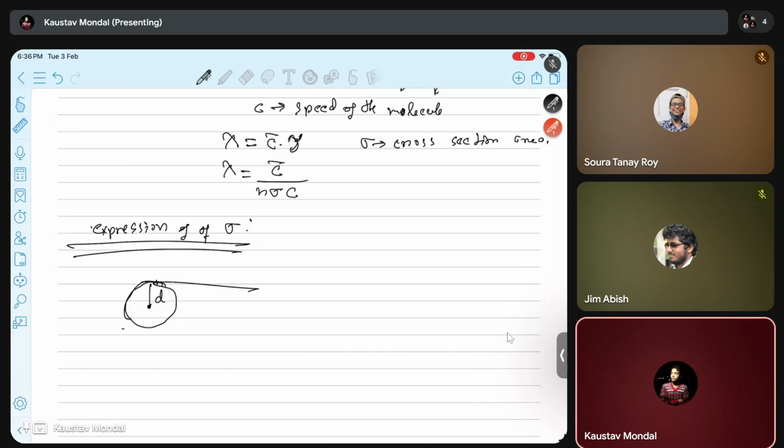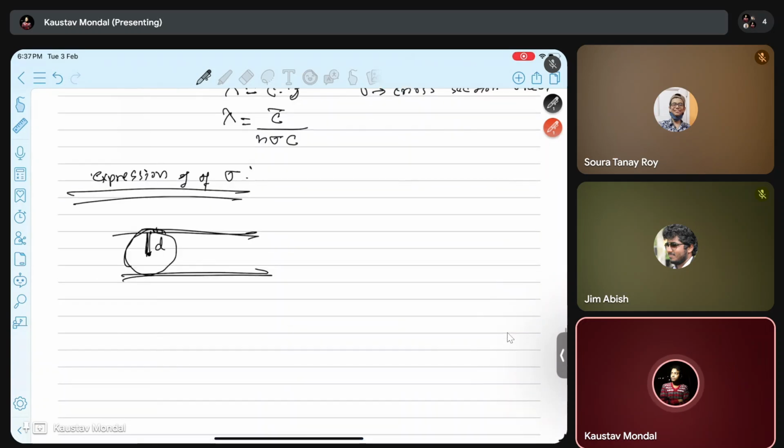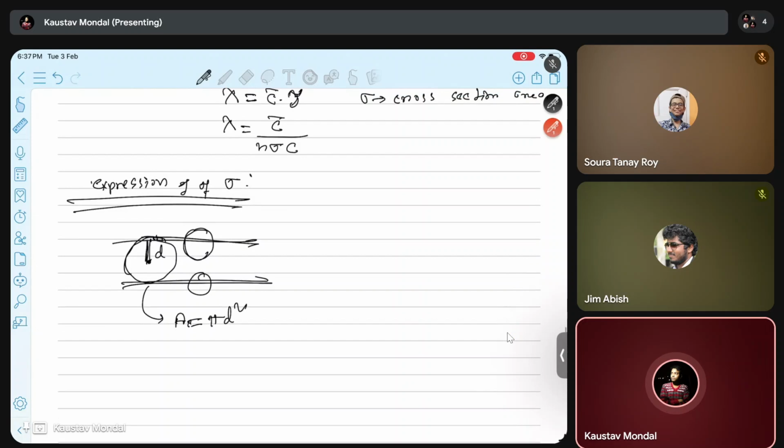When it moves, as we previously discussed, only if a molecule comes in front of this area, its cross section area, given by A equal to pi d square, will it suffer a collision. So the expression of sigma is pi d square in general for a spherical molecule.